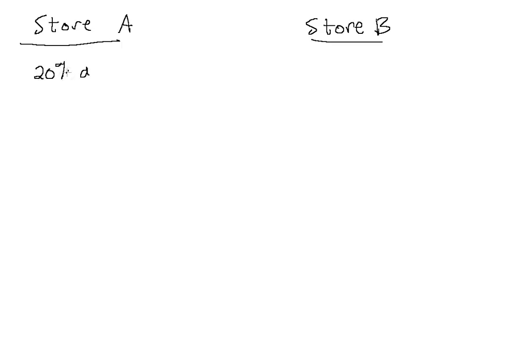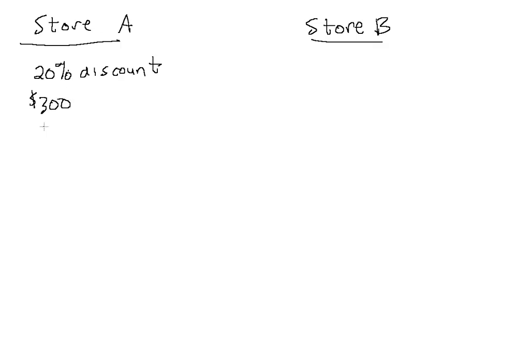Let's say we have 2 stores. We have store A and we have store B. Okay, we have 2 stores here. They both sell computers, and store A is selling a particular computer at a 20% discount. That's off of its regular price of $300.